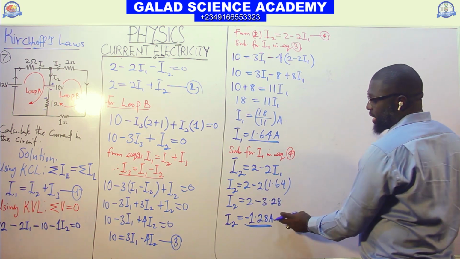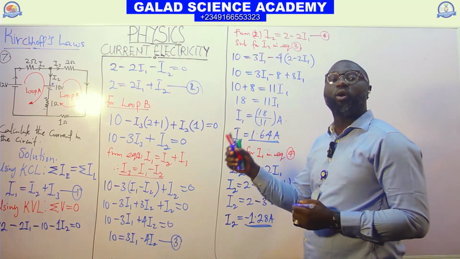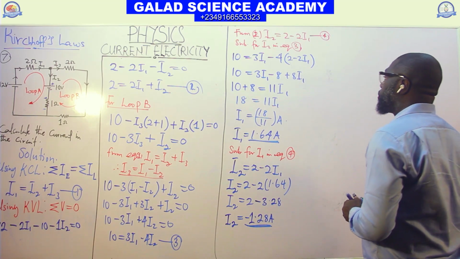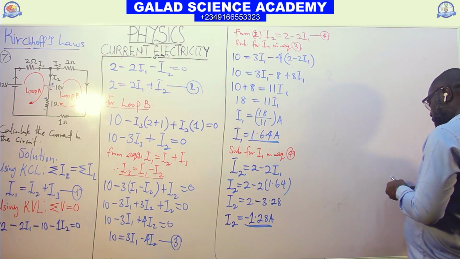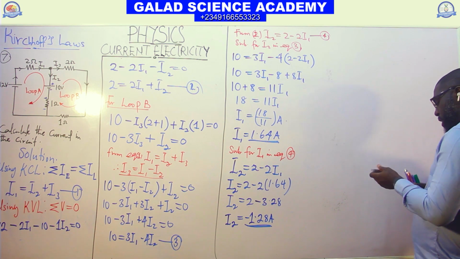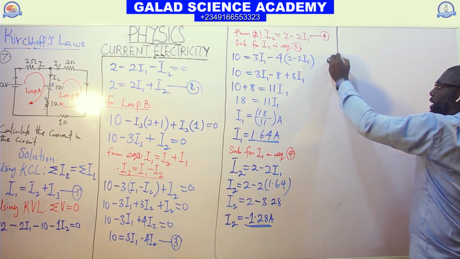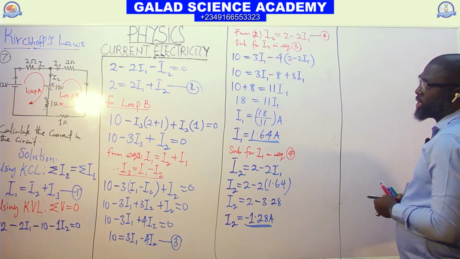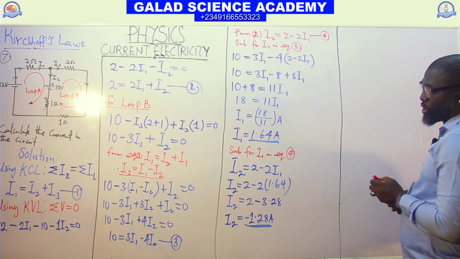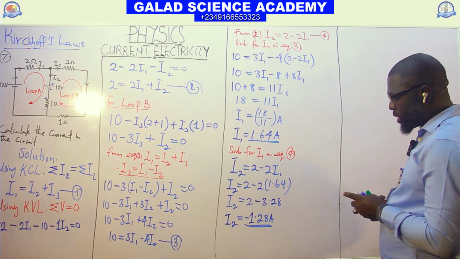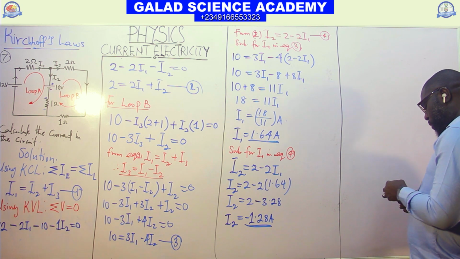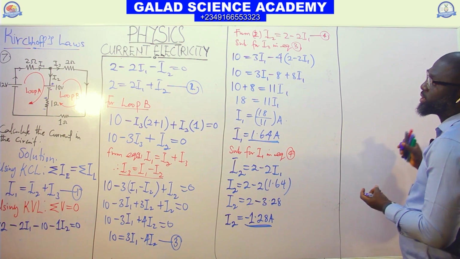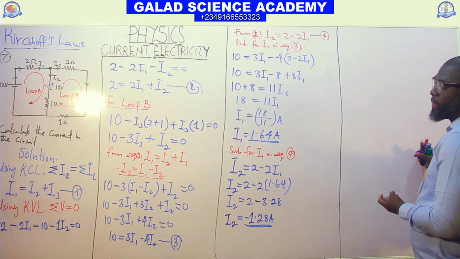I said this yesterday: your answer depends on the direction of the current. And the next one is to know the R3. So what will be the R3 here? From Kirchhoff's law, equation 1, we know I1, I2.